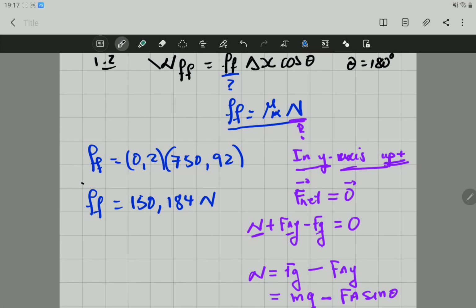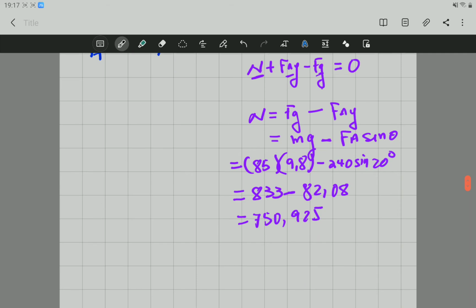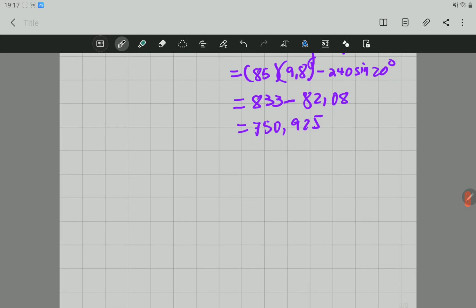All right, and now the frictional force is going to be substituted in the formula of work. Remember, the main question is to calculate the work done by frictional force. So let's rewrite the formula of work just so you remember. Work done by frictional force is equal to frictional force multiplied by displacement multiplied by the cosine of 180 degrees.